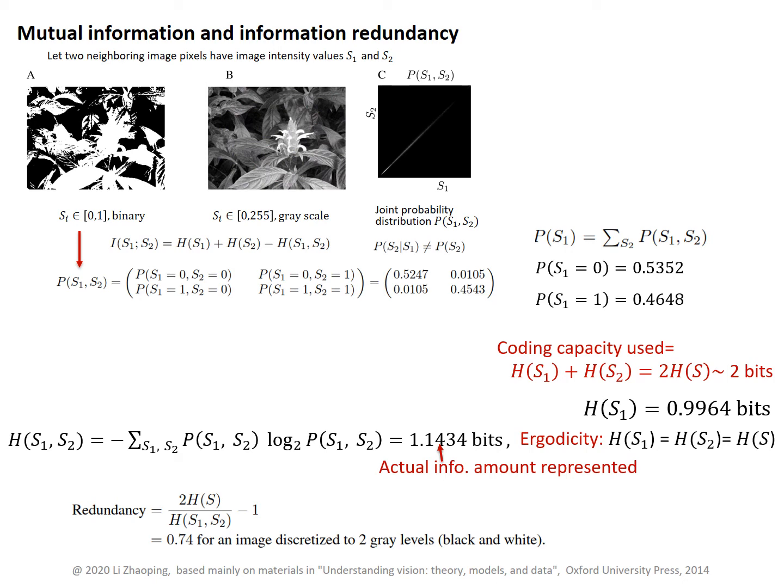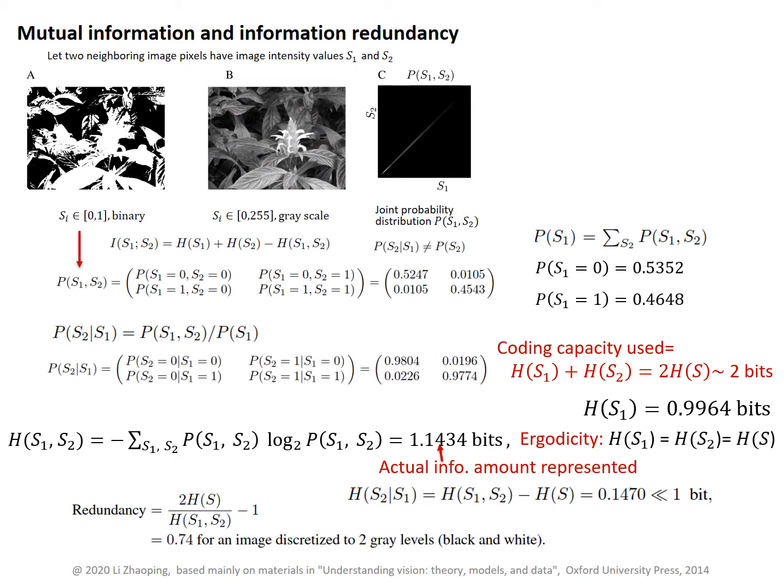It's 74%. This is because given the information of almost 1 bit in S1, the additional information in S2, once S1 is already known, is only 0.1470 bits. And this is the conditional entropy of S2 given S1. And it's small because the conditional probability of S2 given S1 is very peaked for S2 equal to S1, as you can see in this 2x2 conditional probability matrix.